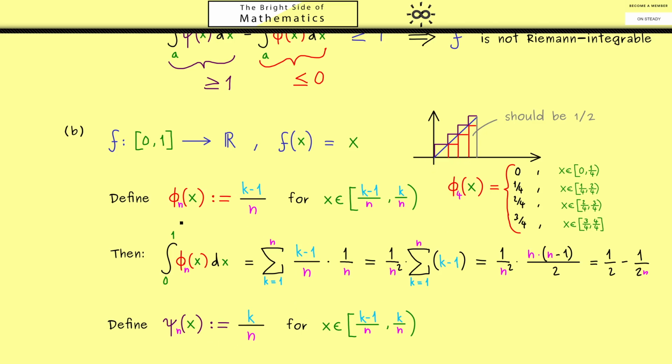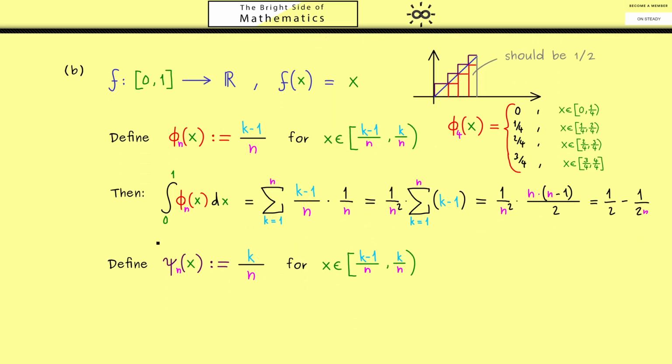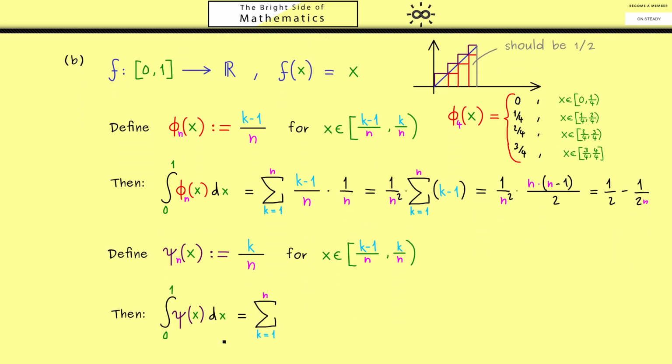And indeed, in the same way as before, we can calculate the integral. Again, it's just a step function, so we add up all the areas of the rectangles. And now the only difference from before is that the height of the rectangles is slightly larger. Still, here we can pull the factor 1 over n squared out of the sum, and the only thing that remains is the sum of the first n numbers.